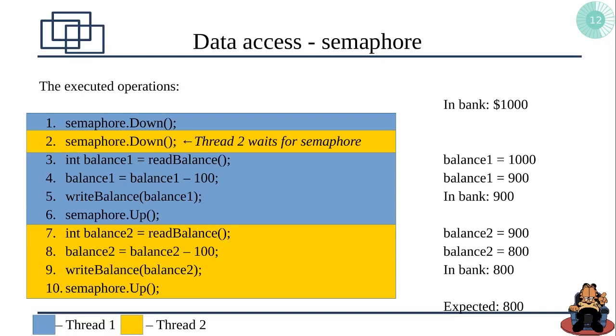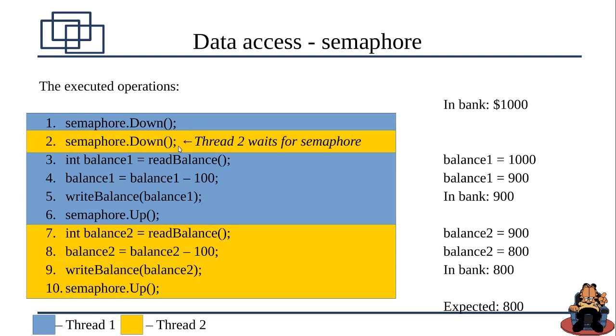Okay. Let's look again at our bank application example, but this time let's use a semaphore for data access. I made only two small modifications. We have a semaphore down and a semaphore up.